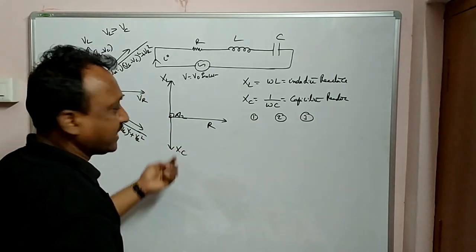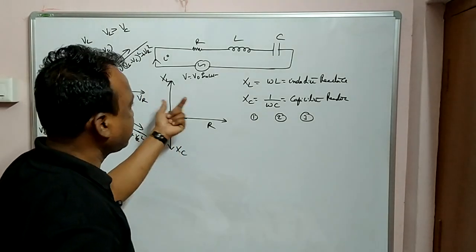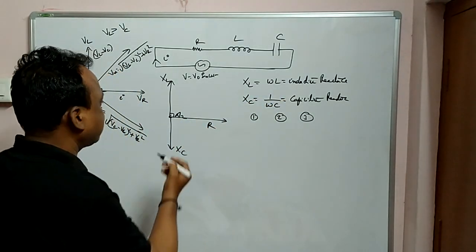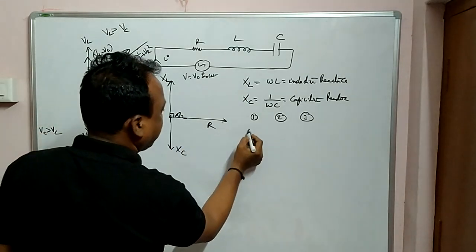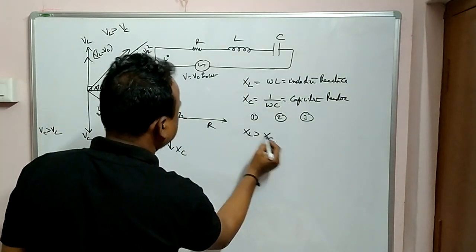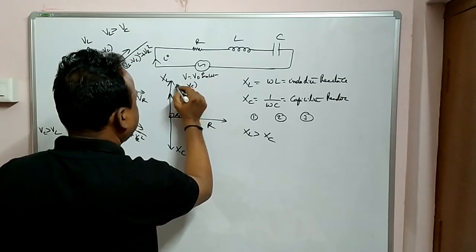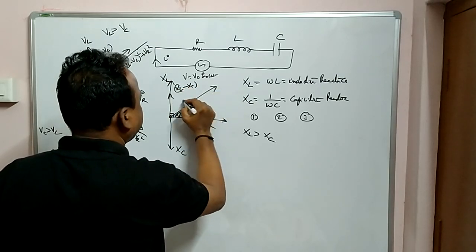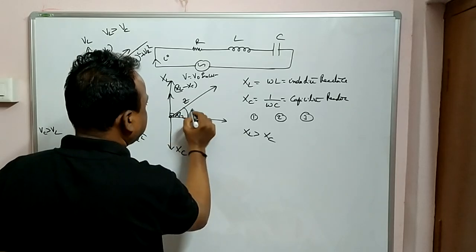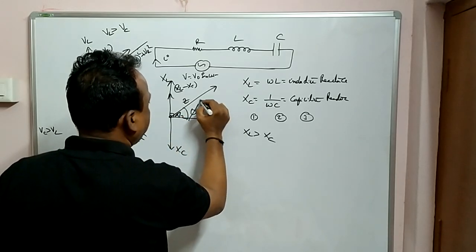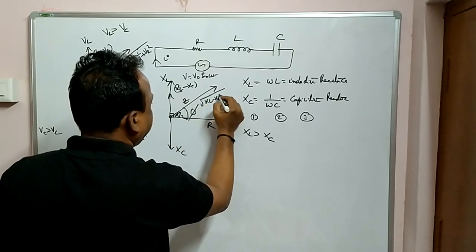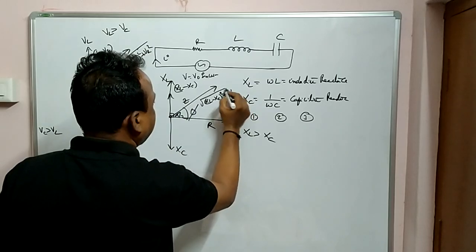In the same way, for the inductive reactance and capacitive reactance, if XL is greater than XC, then the resultant will be in this direction, that is XL minus XC, and this is your impedance Z. This is the phi, and Z is given by root over XL minus XC whole square plus R square.